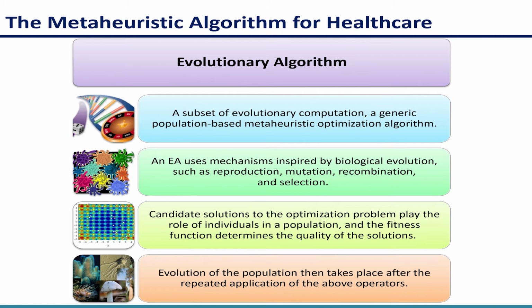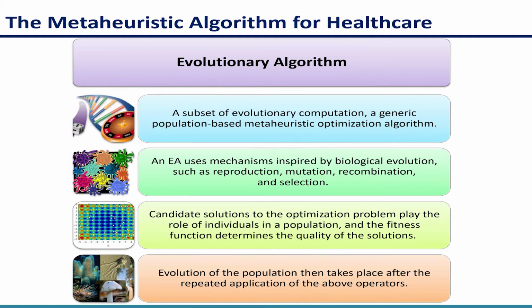And selection, need to select some particular and specific elements for the algorithms, and these evolutionary algorithms are used to implement that. So this is all about the evolutionary algorithm, where candidate solutions to the optimization problem play the role of individuals in a population, and the fitness function determines the quality of solutions.